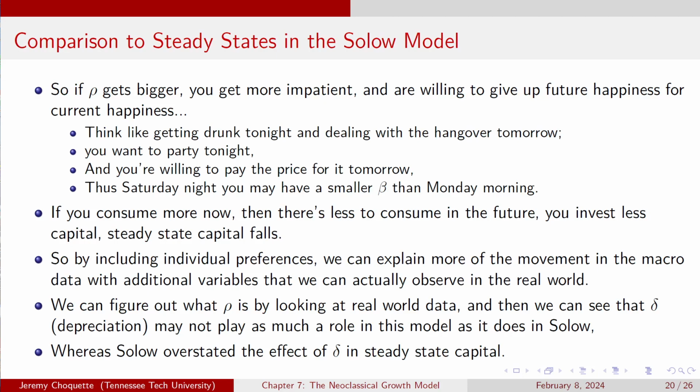Because remember, we want to fit all this stuff to real world data. So if we're not parameterizing the theoretical model correctly, the way it fits the real data is going to be all screwed up. So we need to have some kind of measure for what rho is.